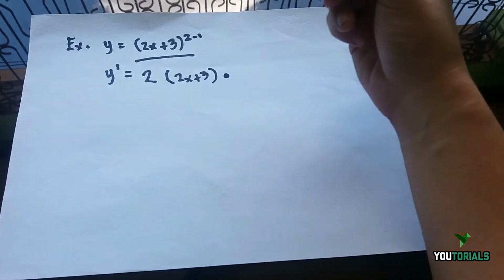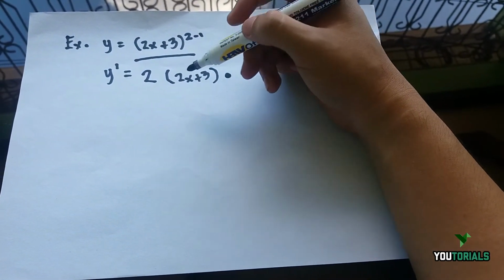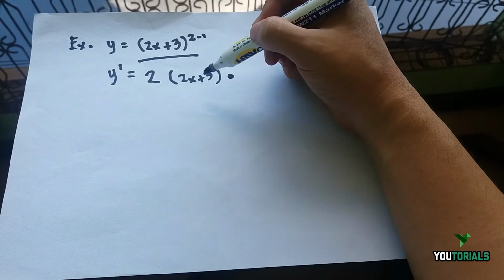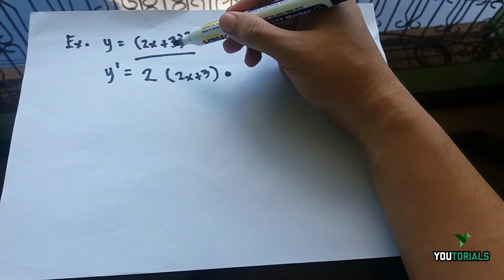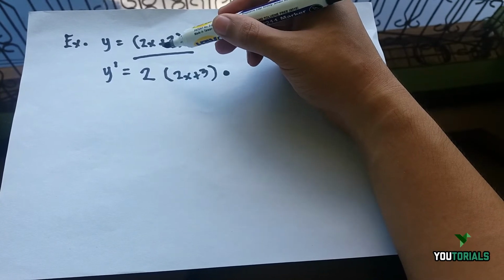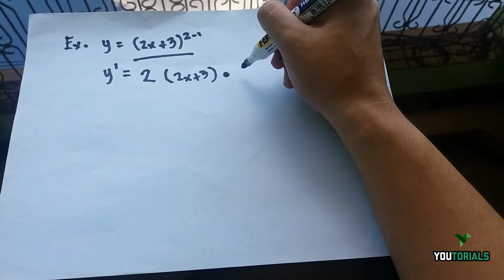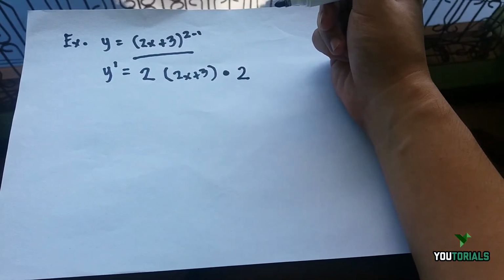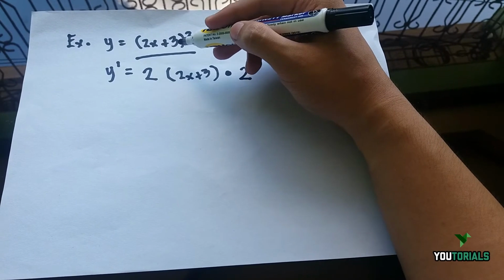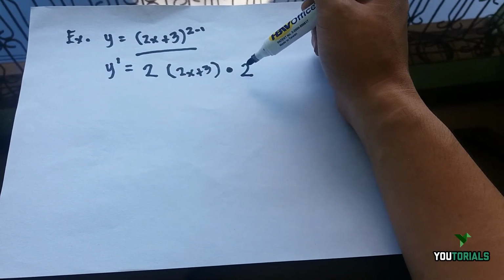Then after that, we will times this first equation into the derivative of g of x. So what is the derivative of our g of x? It would be 2, right? Because here is our constant, and 2x just only equals to 1, so just only 2.